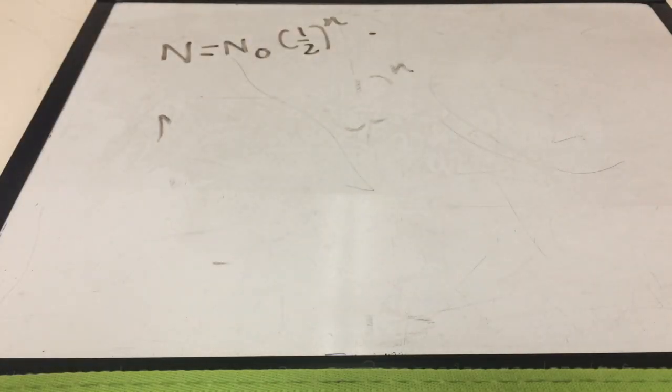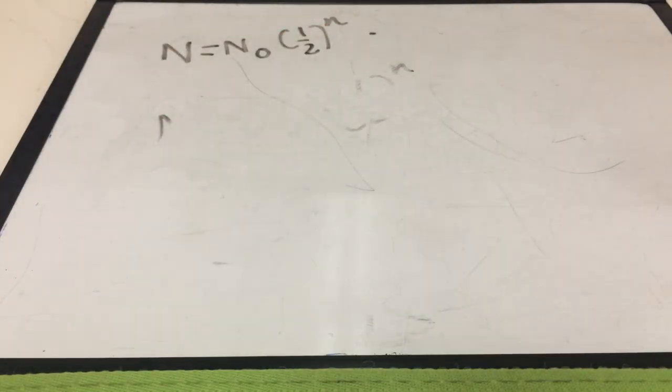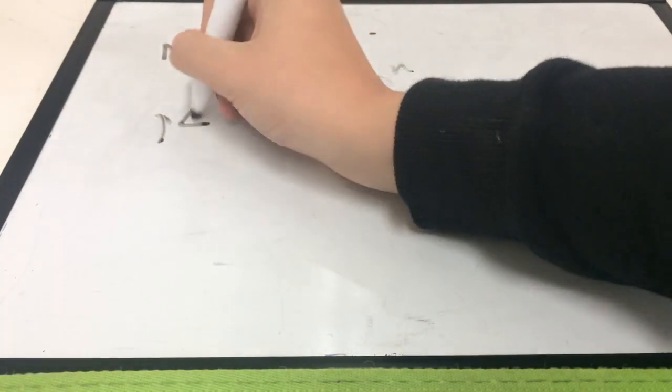So what I'm going to do now, we're essentially going to make a question. So I'm just going to pick a random element. This one has a decent amount, like a long half-life. Let's do carbon-14.